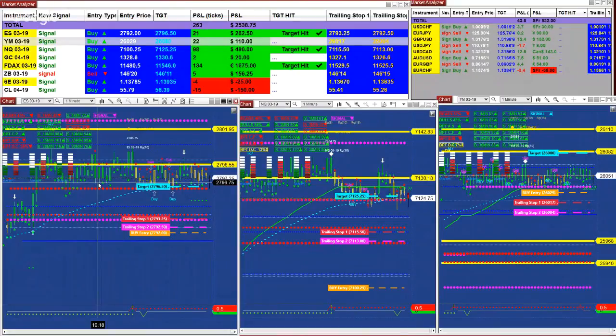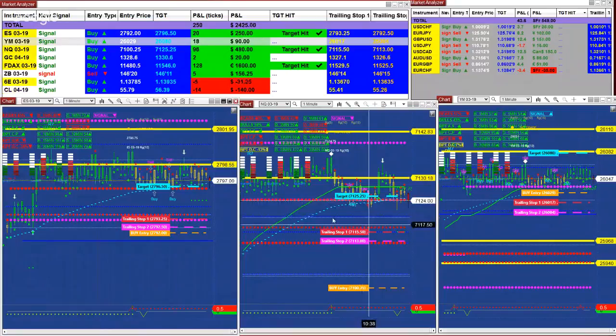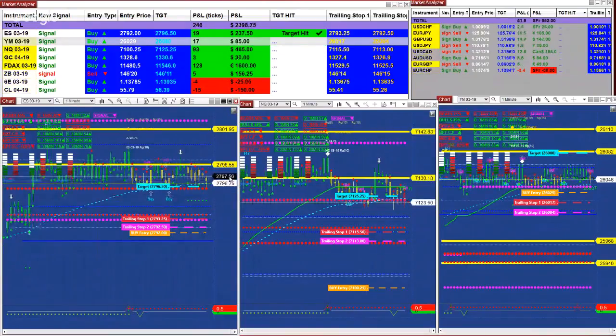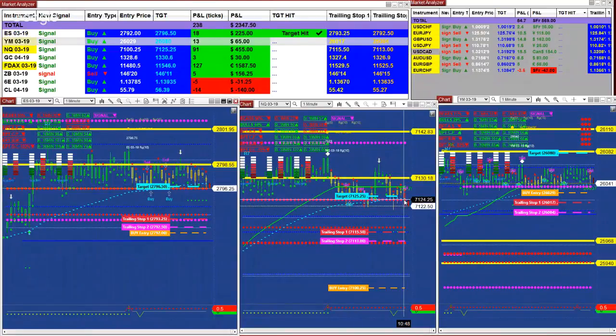Now, what we are looking for is that area here and that area here. Look, we are still flirting with the same area. That's not good. We want to see reality. We want to see movement. We want to see pullback. We want to see support.